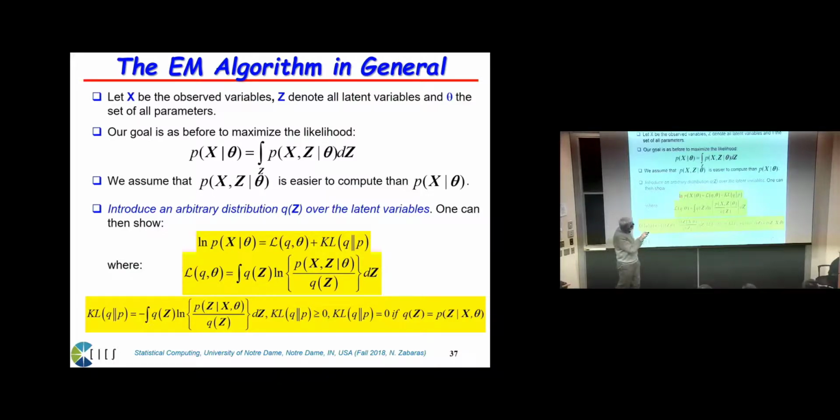If this formula is true, since the KL distance is greater or equal to 0, the log likelihood is greater or equal to this calligraphic L that we call the lower bound. That's why we call it the lower bound.